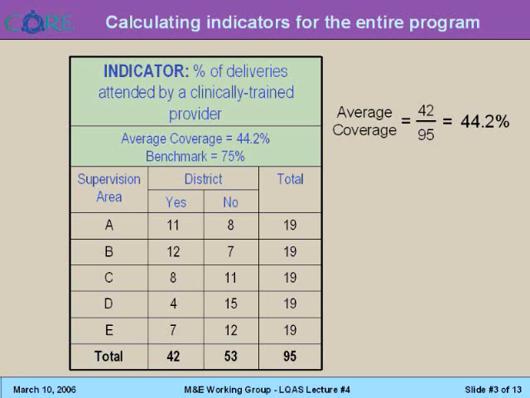For our particular example, that average coverage estimate is calculated by dividing the total number of correct responses, which in this case is 42, over the total sample size, which gives us an average coverage of 44.2%, as indicated in the slide.